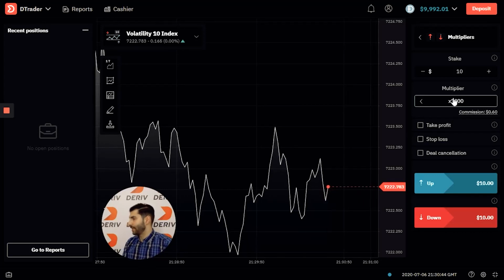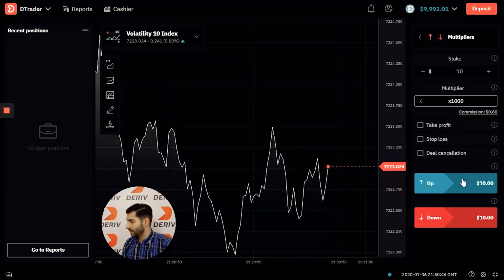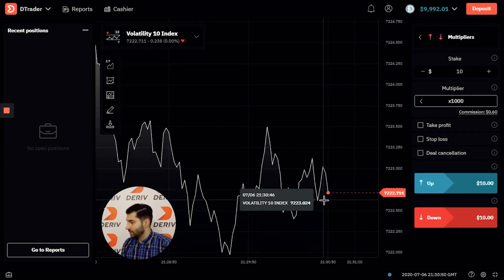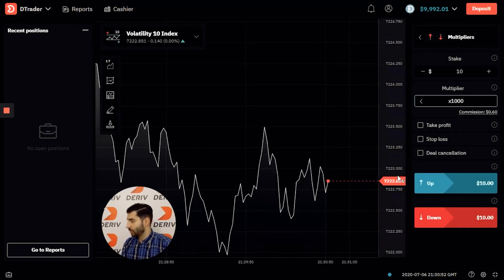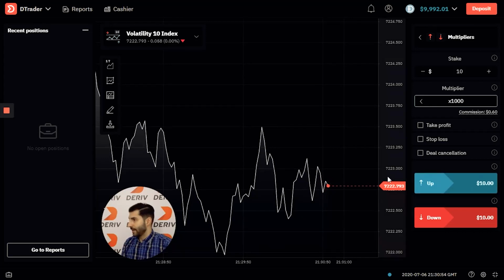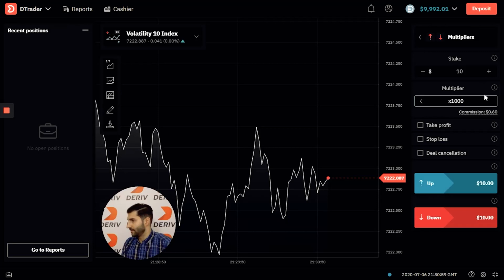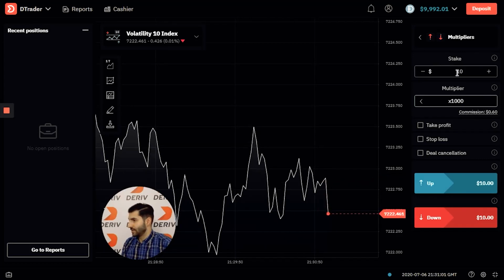It basically means that if we purchase a particular contract, let's say an up contract in this case, for every percent that the price goes up, we'll earn 1,000 times more. Naturally, this is also all proportional to the stake that I've initially invested in this.